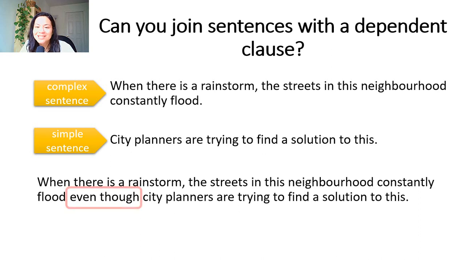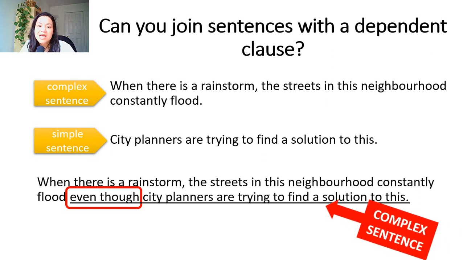Here, we added even though to make city planners are trying to find a solution to this into a dependent clause. But remember that the definition of a compound complex sentence is two or more independent clauses and one or more dependent clauses. Therefore, if you make this simple sentence into a dependent clause, you have formed a complex sentence and not a compound complex sentence.